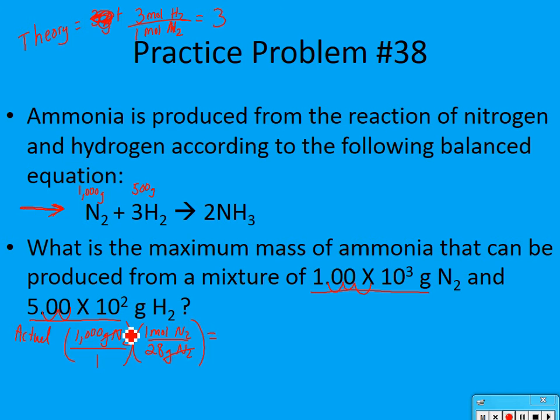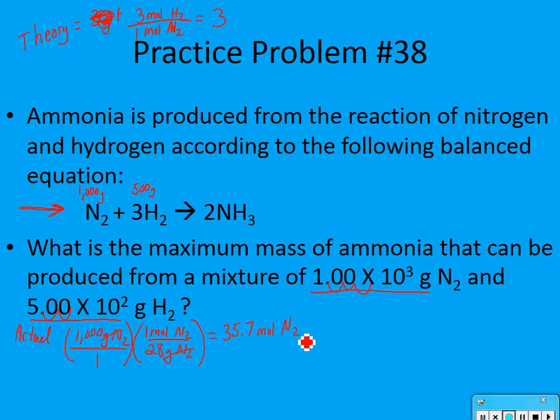My grams of nitrogen cancel out. What's 1,000 divided by 28? Are you guys getting 35.7? Yes. Moles of N2. Okay, perfect.